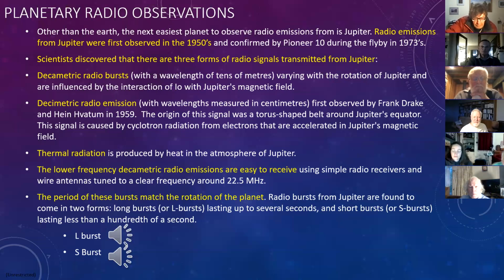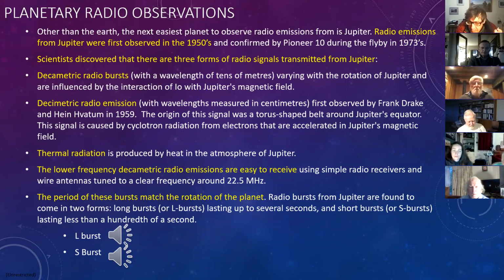Then there is a whole bunch of other radio emissions, but these are actually up in the centimeter range, so they need some quite specialized equipment to look at them. Basically, the origin of those signals was the magnetic field of Jupiter and the electrons spiraling around that field.